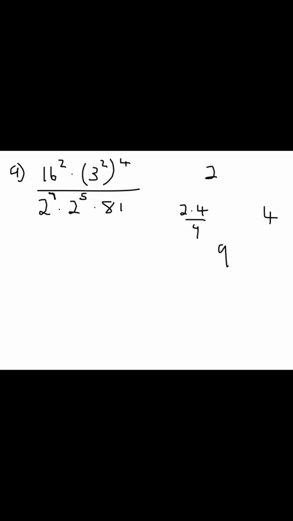What I know is that 2 is to the exponent of 1, 4 can be written as 2 to the exponent of 2, and 9 we know very well can be written as 3 squared. So that's how I always look at it, so that it doesn't look intimidating.